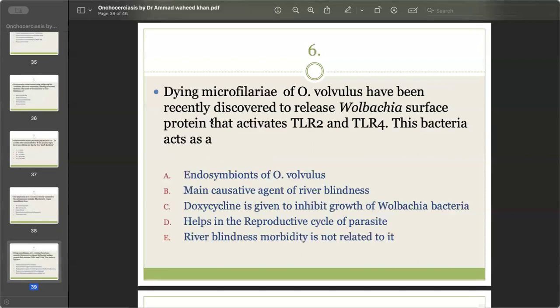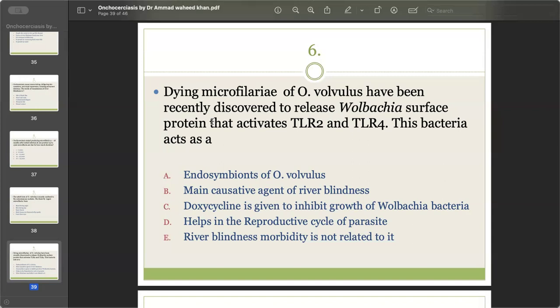MCQ number 6: Dying microfilariae of O. volvulus have been recently discovered to reveal Wolbachia surface protein that activates TLR2 and TLR4.